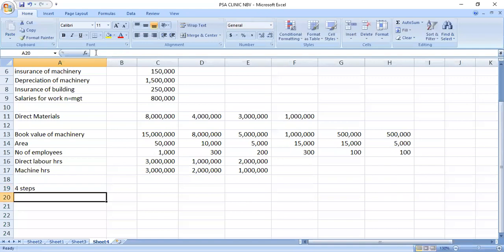But the first 2 steps, specifically step 1 of accounting for overheads, which is basically identification of the overhead, identification and classification of the overhead. Let me put other things that fall here, which is collection, classification.